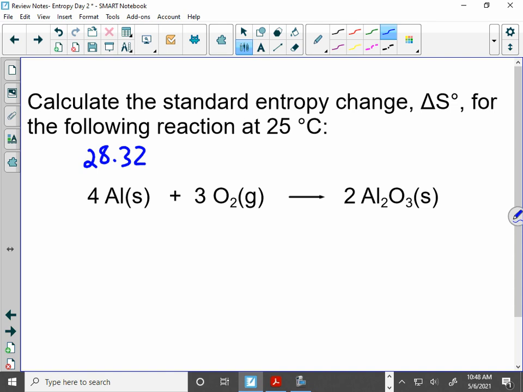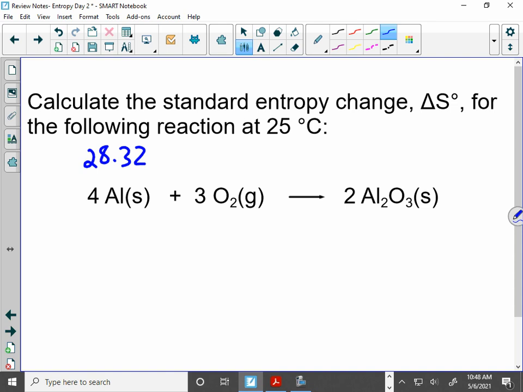Okay. Now, my value for oxygen. I come back to my data table and I say, okay, oxygen, where are the O's? I find oxygen, and you see that oxygen is a gas, diatomic oxygen is a gas, and O3, which is ozone. So make sure you pay attention to which one.